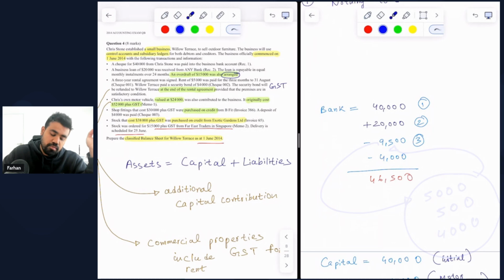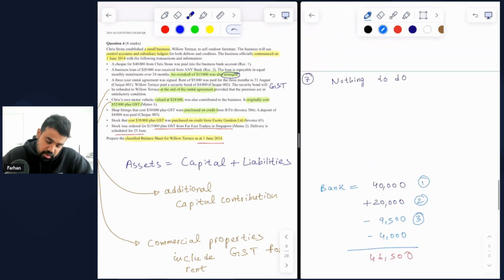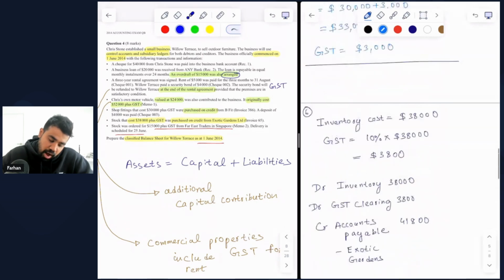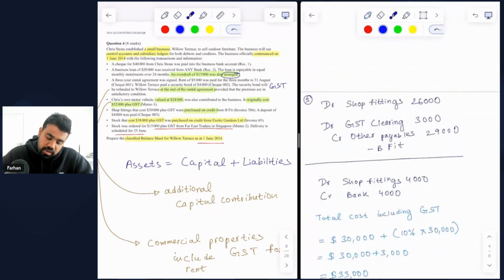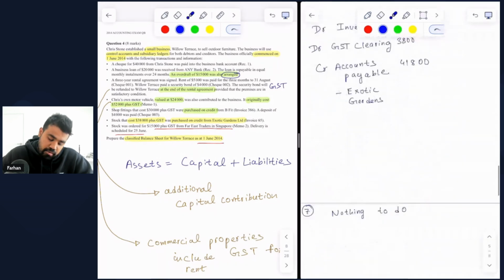And the reason this is subtracted here is because we have paid for everything at 1st of June 2014. And the next one refers to the shop fittings where we had paid partially, and that was $4,000 in cash or using funds from the bank account. That was transaction number 5.